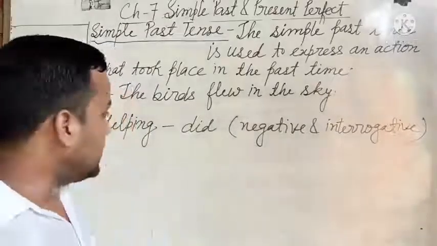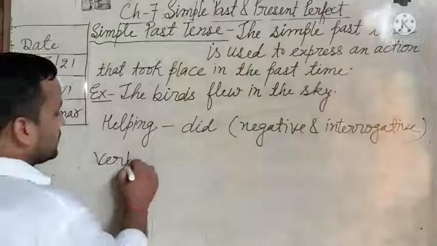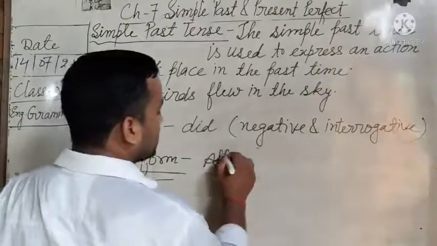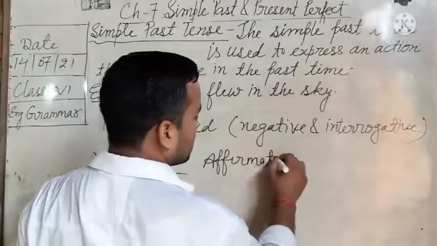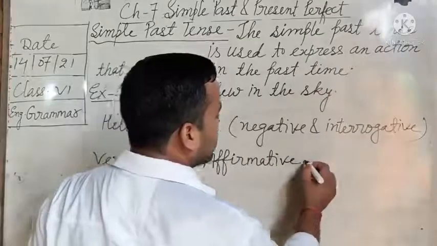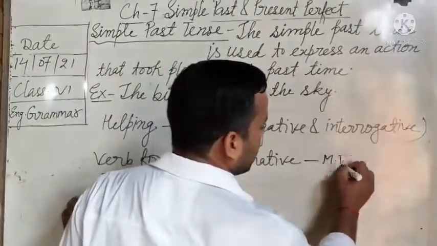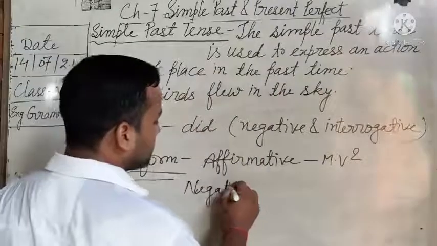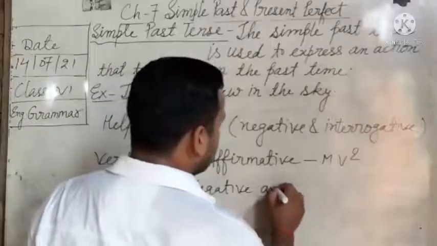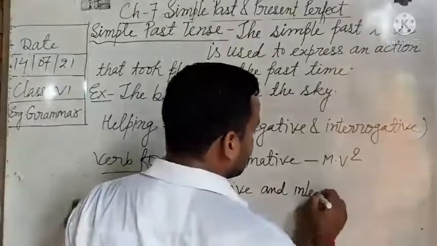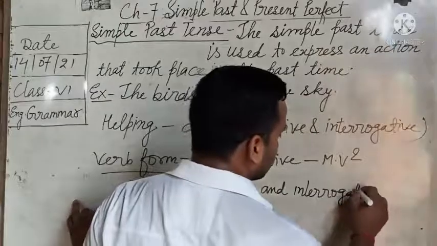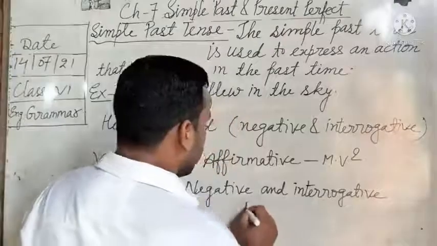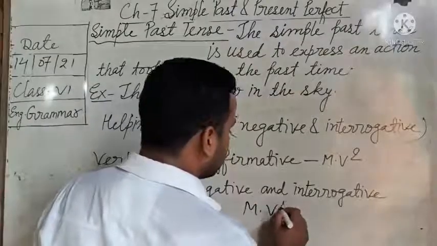Okay? Students, verb form in this tense. In affirmative sentences we use the main verb second form, and in negative and interrogative sentences we use the main verb first form.